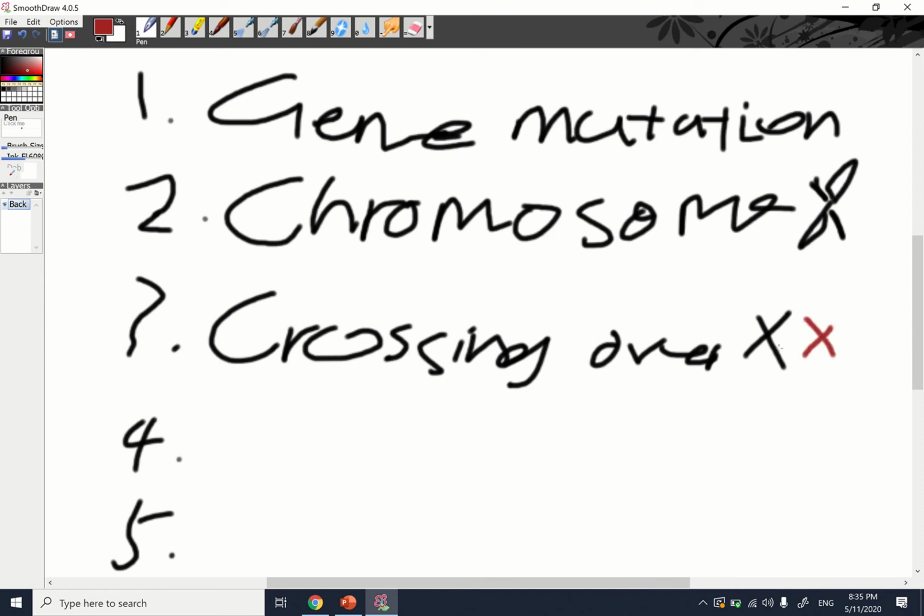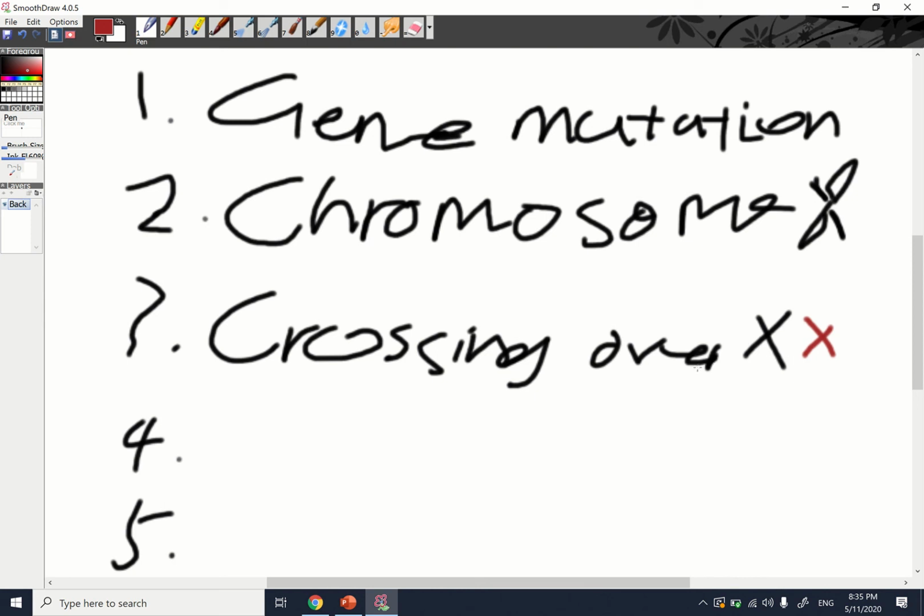And parts of the sister chromatids of the two homologous chromosomes swap places. So that segment will swap place with that segment here, creating a new combination of chromosomes, thus new genetic variation.